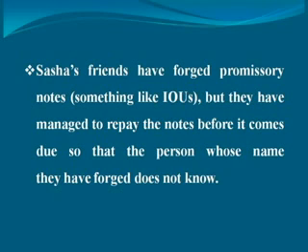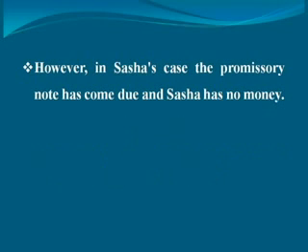Sasha's friends had forged promissory notes, but they have managed to repay the note before it comes due, so that the person whose name they have forged does not know. However, in Sasha's case, the promissory note has come due and Sasha has no money.